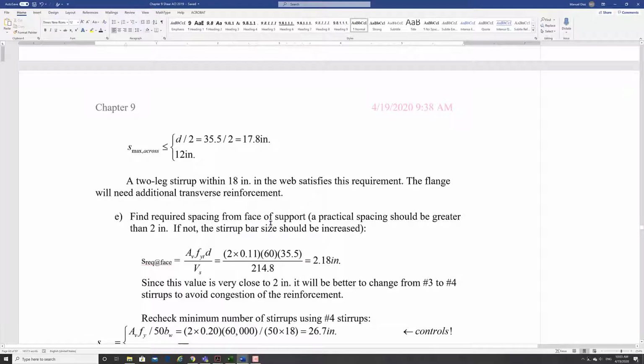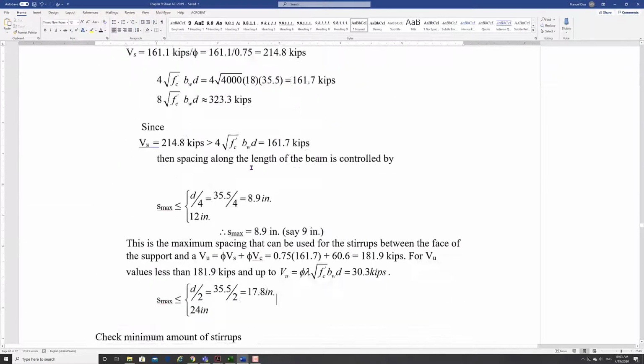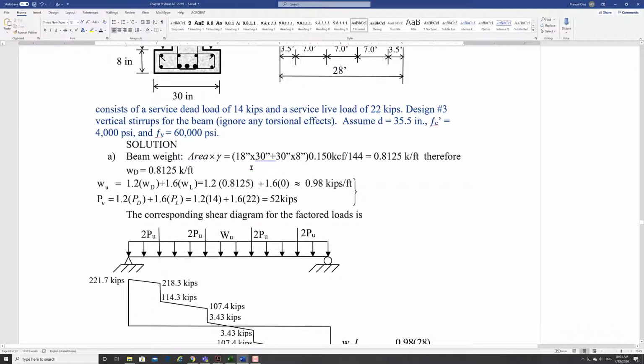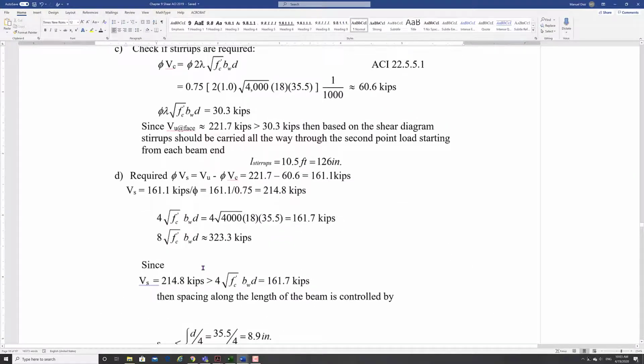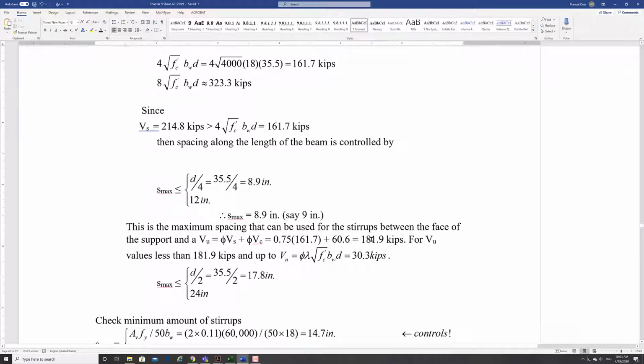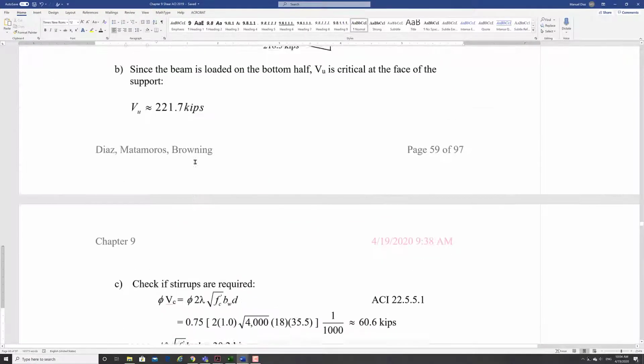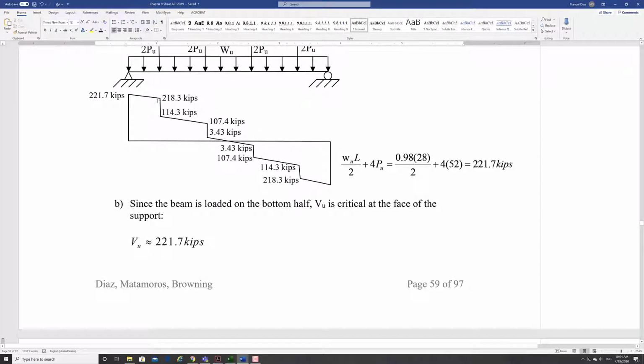Okay, so let's summarize what we got here so far. Here is our graph. From this point, up to a shear value of 181.9, so let's find that number. That would be someplace around here.